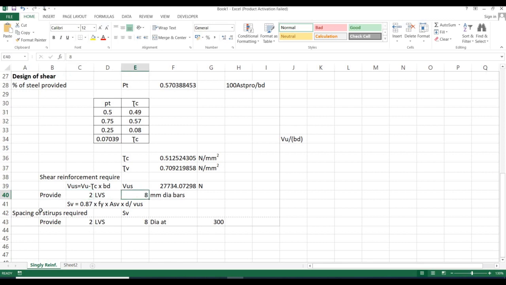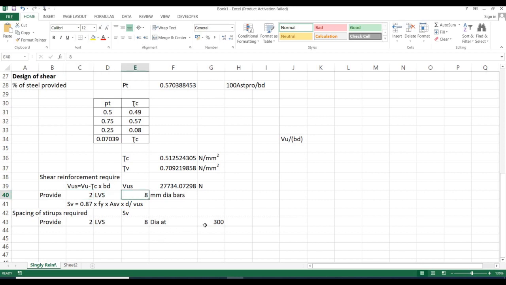and 8 mm diameter. I have the formula Sv is equal to 0.87 into fy into Asv into d by Vus, right? So what is Asv here? Asv is the area of reinforcement for the shear reinforcement. Since I am having 2 legs, it will be like this.